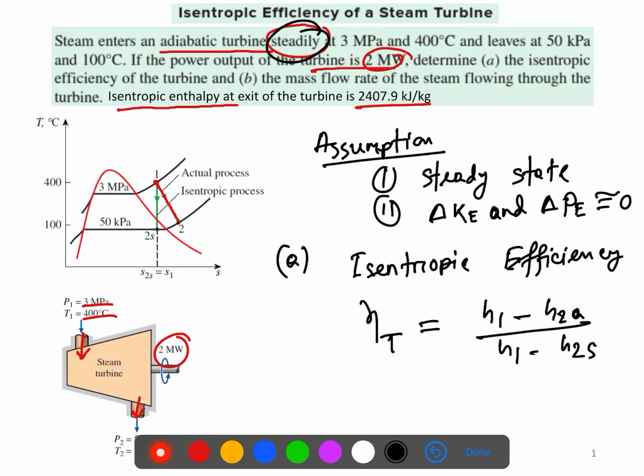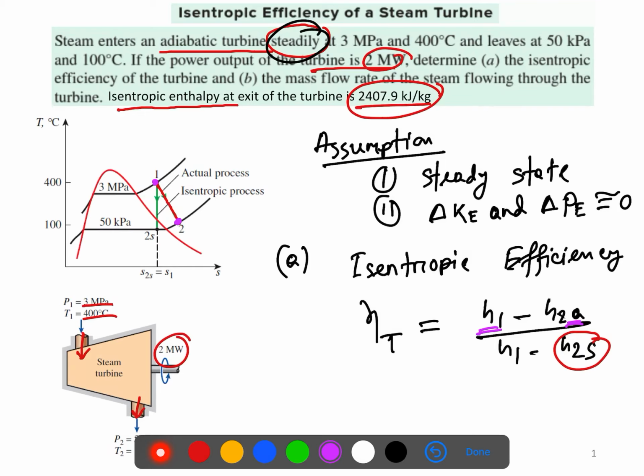So this is the formula. In this problem H2s is given. So the unknown variables are H1 and H2a. What is H? It is the enthalpy, right? H1 means the enthalpy here, and H2a means it is here for the actual process.